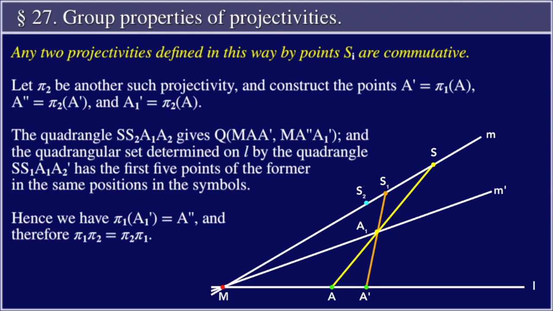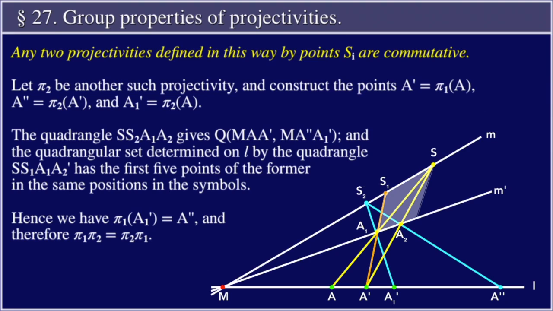Let pi sub 2 be another such projectivity, and construct the points A' equal to pi sub 1 of A, A double prime equal to pi sub 2 of A', and A1' equal to pi sub 2 of A. The quadrangle S, S2, A1, A2 gives Q of M, A', M, A double prime, A1', and the quadrangular set determined on L by the quadrangle S, S1, A1, A2' has the first 5 points of the former in the same positions in the symbols.